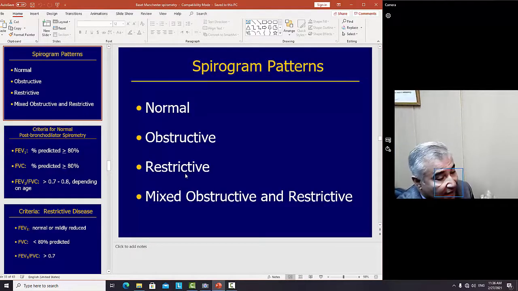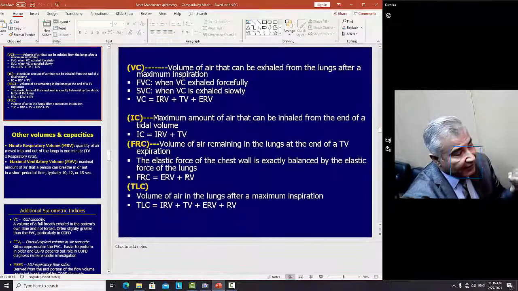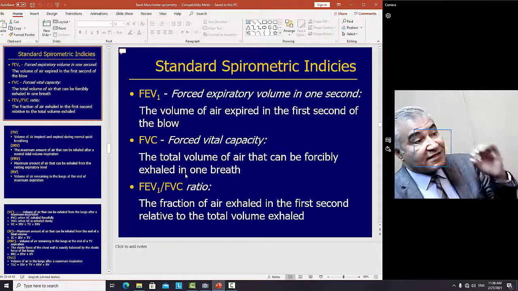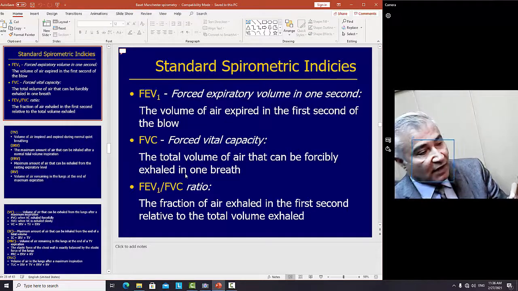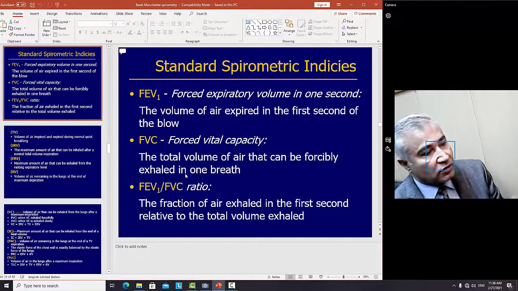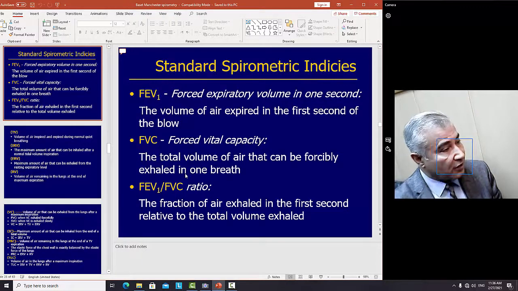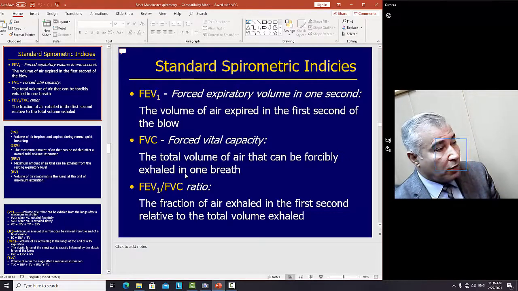FEV1 is the maximum volume of air that can be exhaled during the first second. These are the standard spirometer indices, and these three indices are very important to interpret pulmonary function. FEV1, forced expiratory volume in 1 second, is the volume of air expired in the first second of the blow.